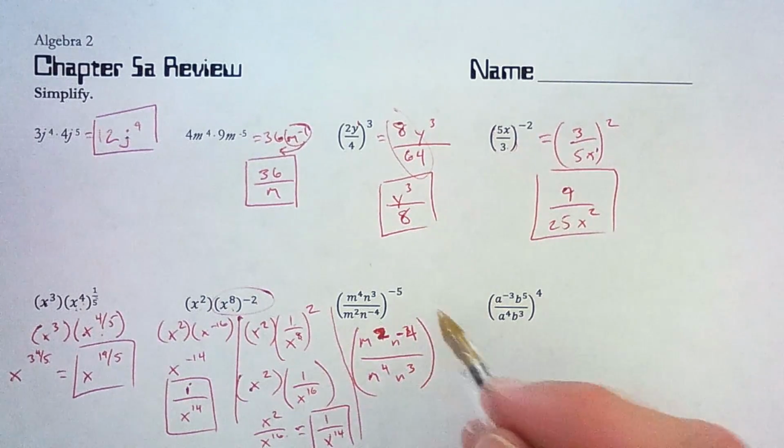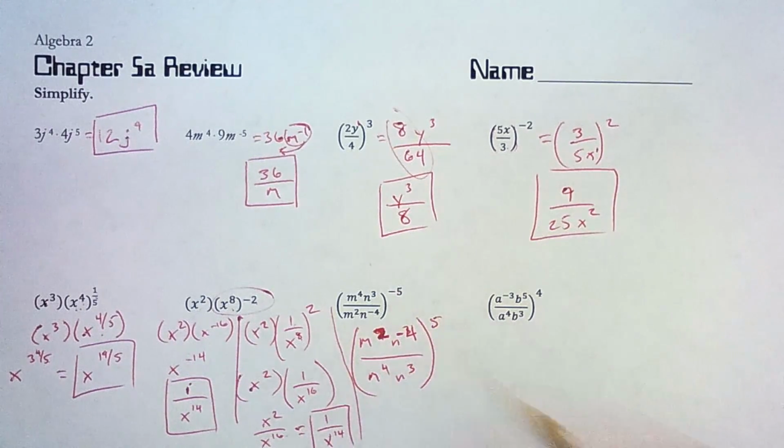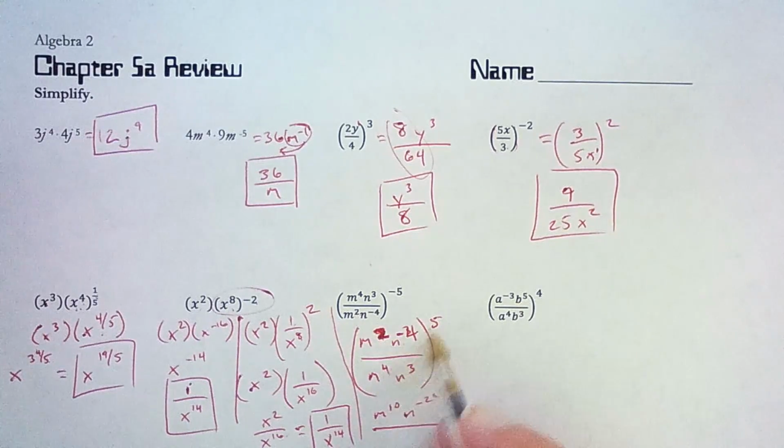So now I have flipped it, and that power becomes positive. So now I can multiply all my exponents. So that's m to the 2 times 5 is 10, n to the negative 4 times 5 is negative 20, m to the 4 times 5, so that's m to the 20th, and n to the 3rd times 5 is n to the 15th.